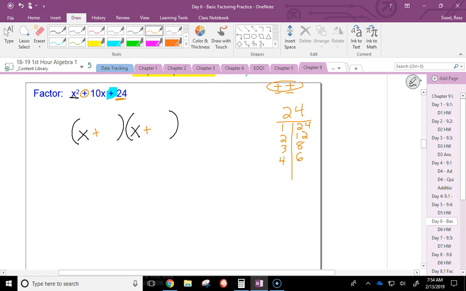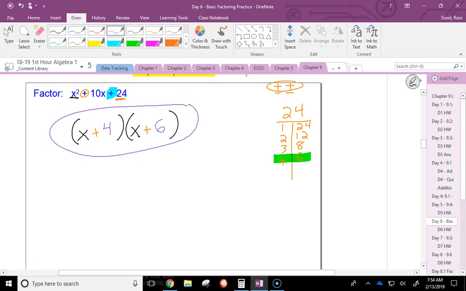Now my question is, because we're adding, which of my terms would add together to give me b, which was 10? So we see the 4 and 6 will give me 10. So I'm going to add 4, add 6.